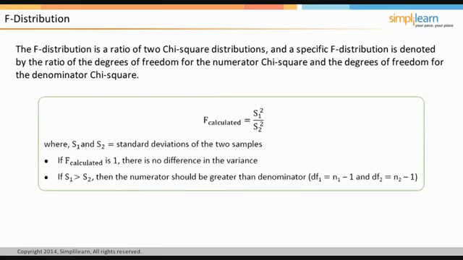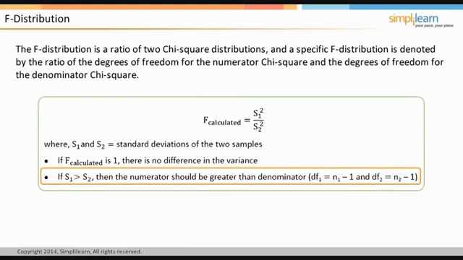As per the formula, f calculated equals s1 squared divided by s2 squared, where s1 and s2 are the standard deviations of the two samples. If the f calculated is 1, it implies there is no difference in the variance. If s1 is greater than s2, then the numerator must be greater than the denominator.